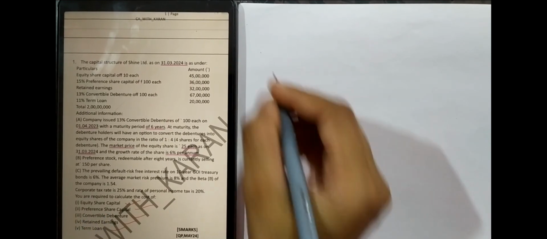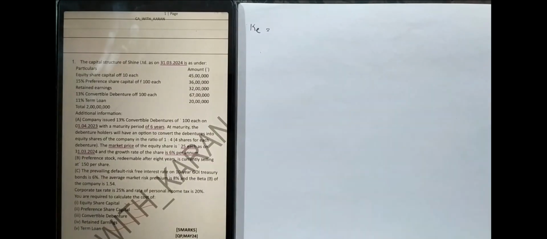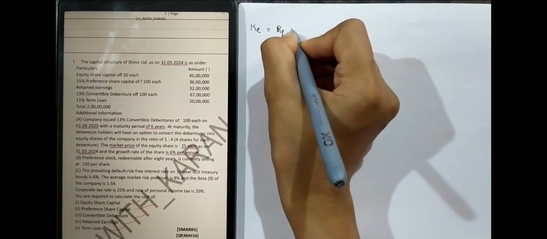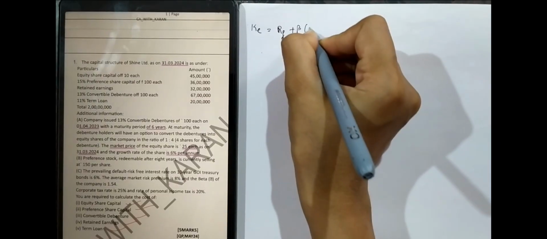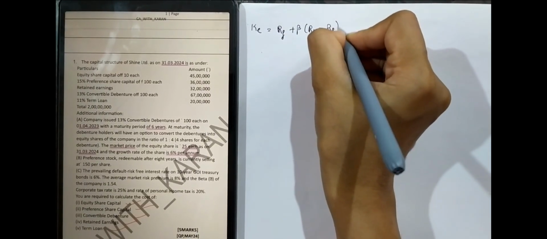So first we're going to calculate the cost of equity share capital, that is KE, by using the capital asset pricing model. For that, risk free rate of return plus beta into RM minus RF.